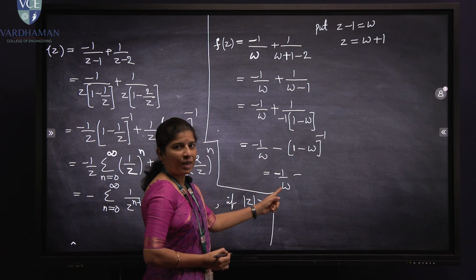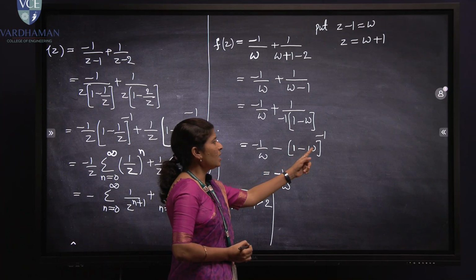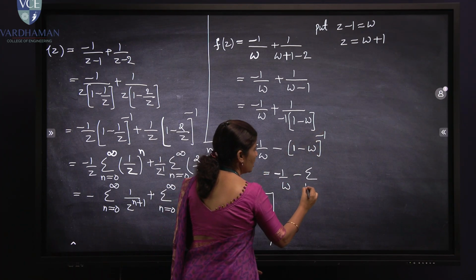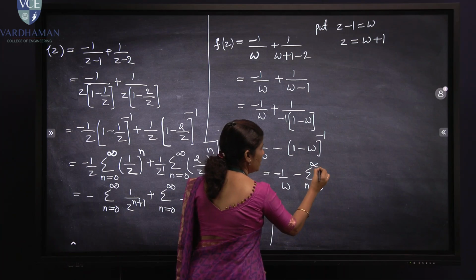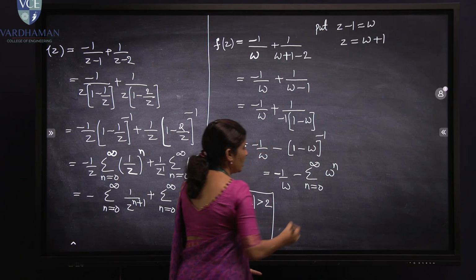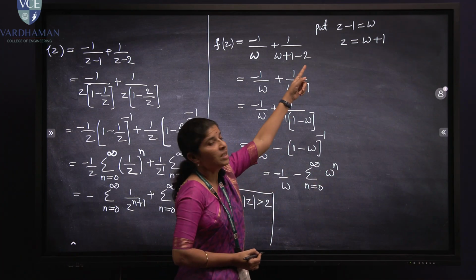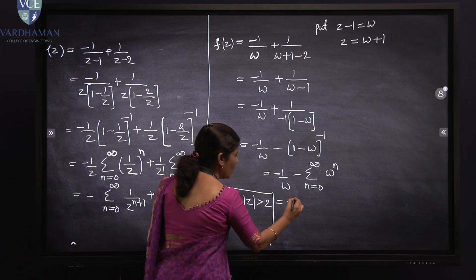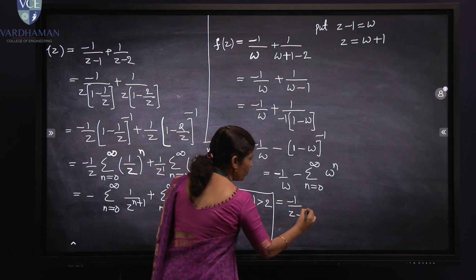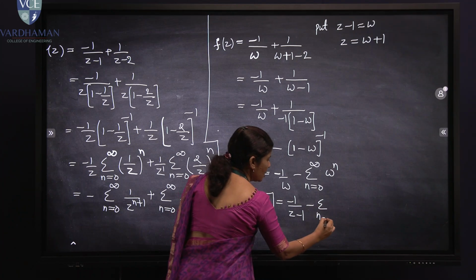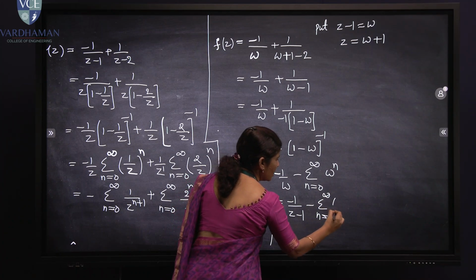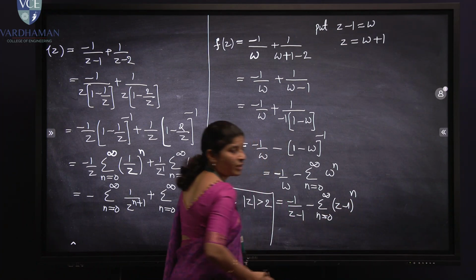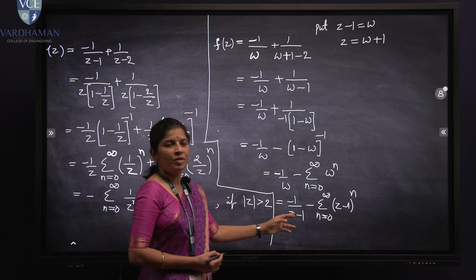Minus 1 upon w writing as it is, and this (1 minus w) whole inverse in a form of series, that is summation n is equals to 0 to infinity w power of n, and the w value is z minus 1. Then here I will replace the w value with z minus 1: minus summation n is equals to 0 to infinity (z minus 1) whole power of n.